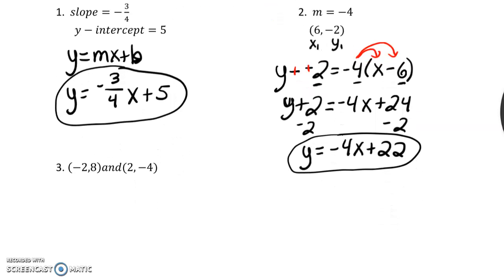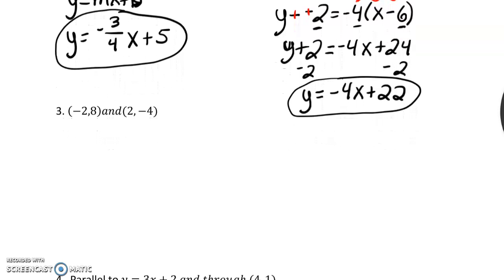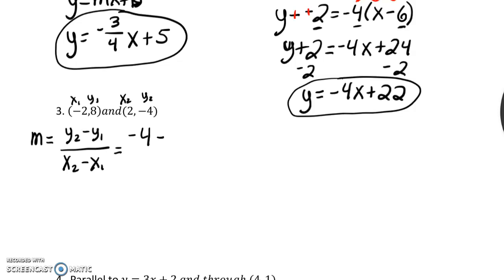Okay, all right, so for the next problem, we're given 2 points. So the first thing that we need to do is find the slope. If you remember from the last lesson, we're going to take y2 minus y1 over x2 minus x1. And if we want to think about it, this is x1, y1, x2, y2. So I'm going to take -4 minus 8.